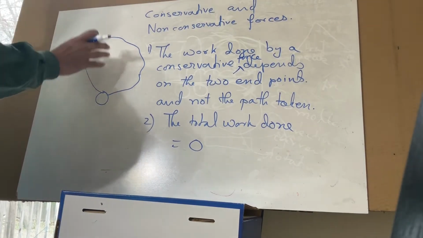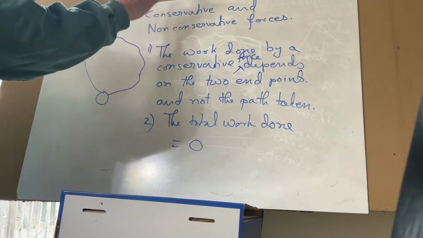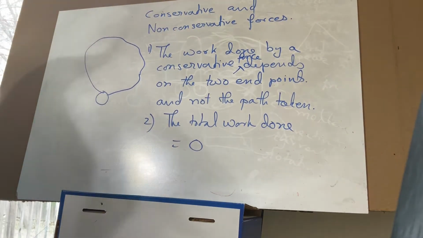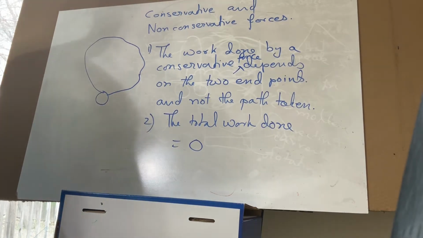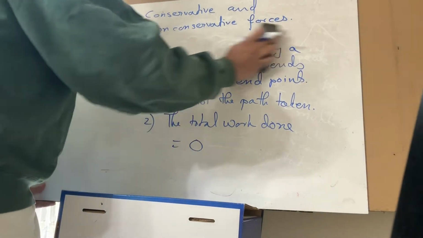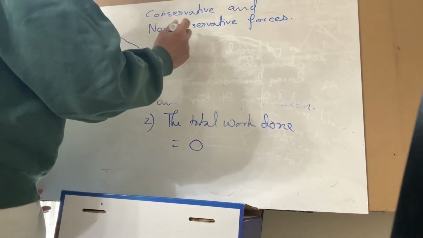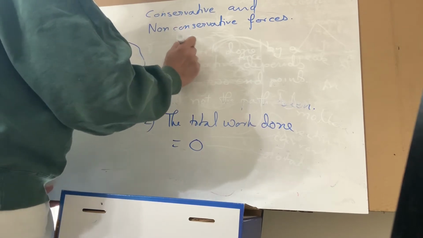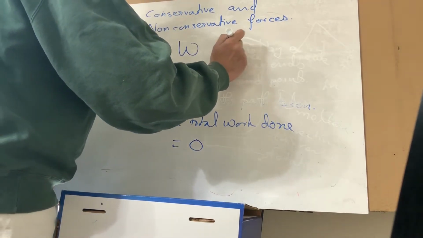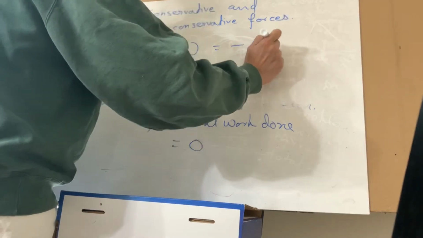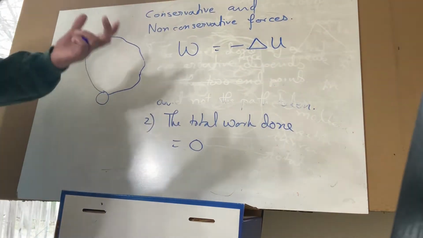So we find that gravity and spring, among other forces, are conservative. Later on, when you take electricity and magnetism, you will find that electrical and magnetic forces are also conservative. So we know that the work done by gravity and spring forces is equal to the negative change in the potential energy. What does that mean?